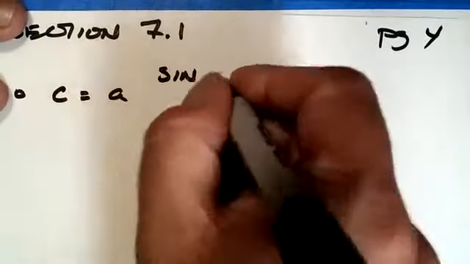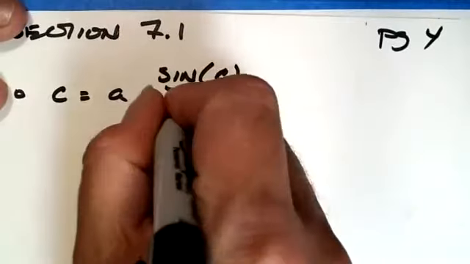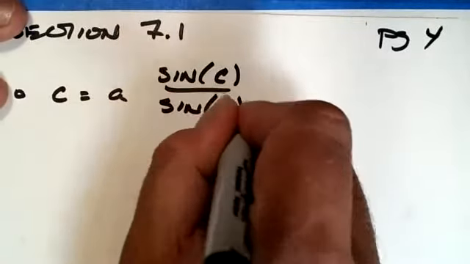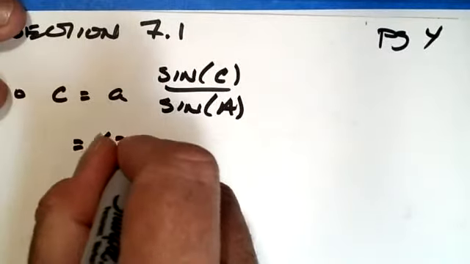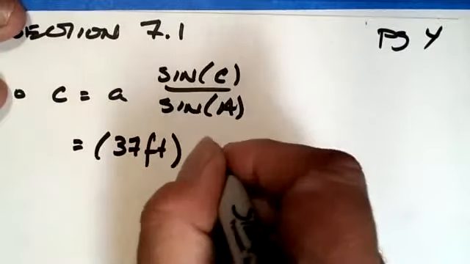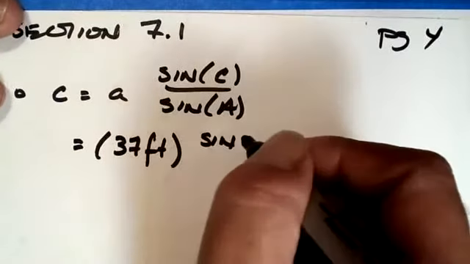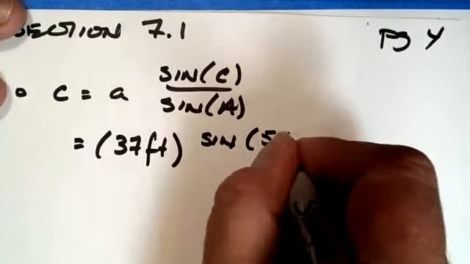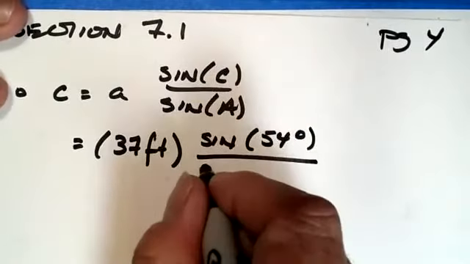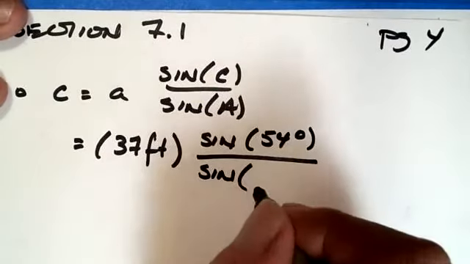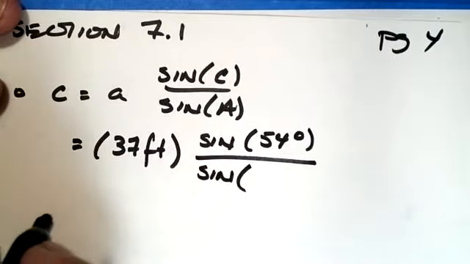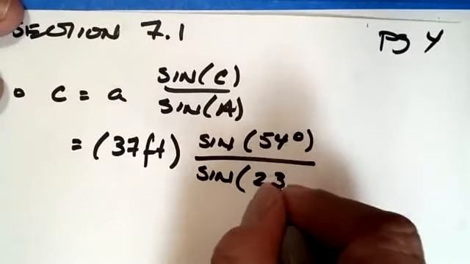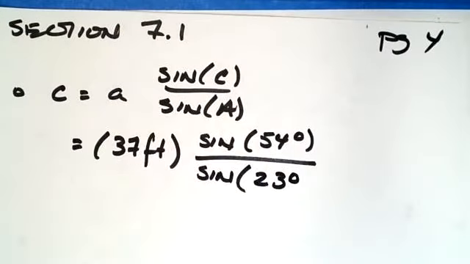So anyway, it's A times sine of C over sine of A. And our known values are 37 feet times the sine of C, which is, as I recall, C was 54 degrees. And A was 23. I apologize.